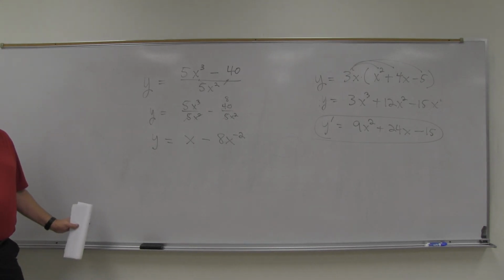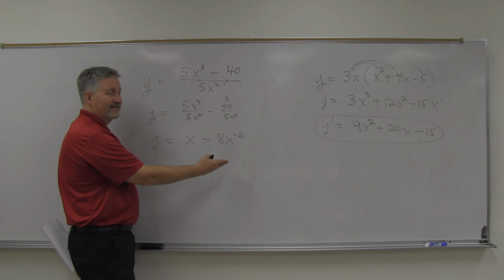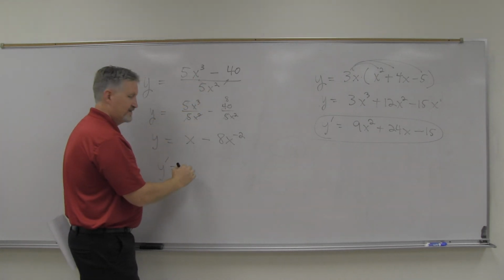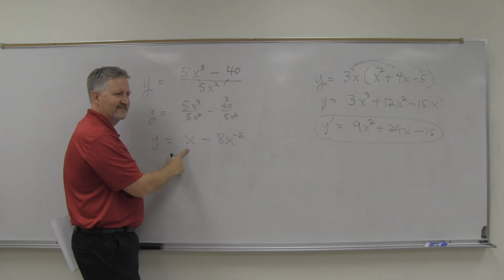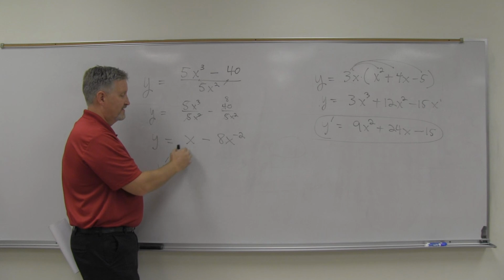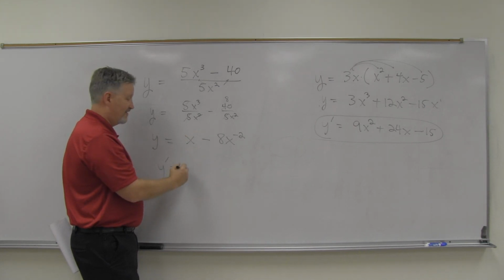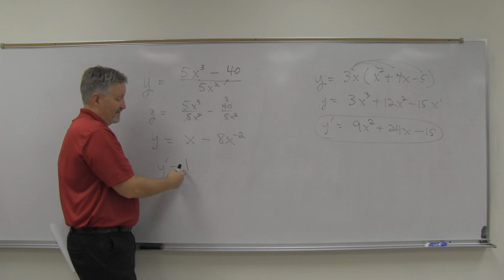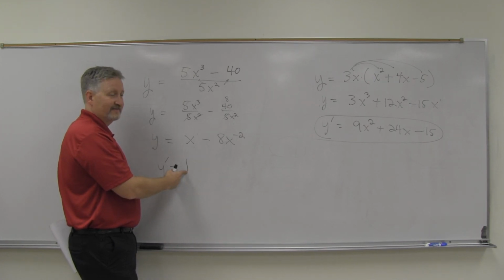Now I can do the derivative, because now it's just subtraction, isn't it? I don't have division anymore. So the derivative is, what's the derivative of x? It's not 0, it's not a constant. Power is 1, so I bring down the power. And what's the new power? X to the 0? Yeah, so the derivative is just 1.